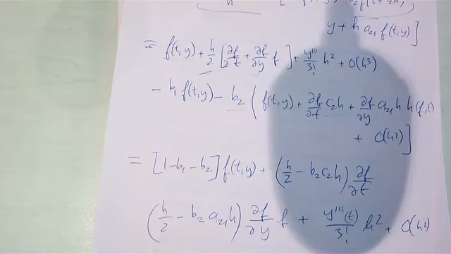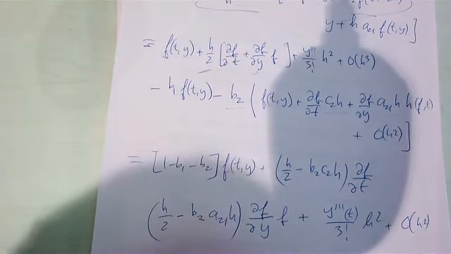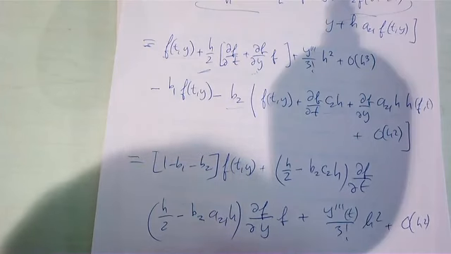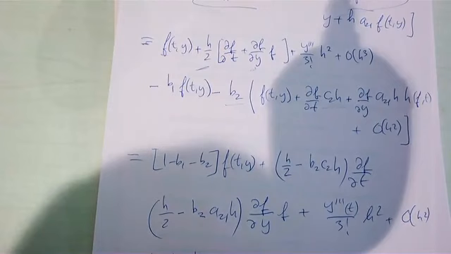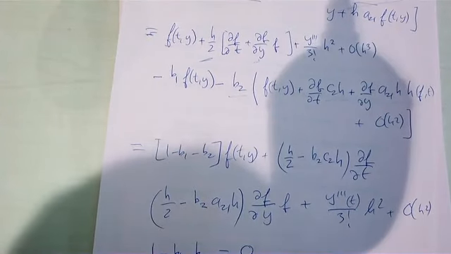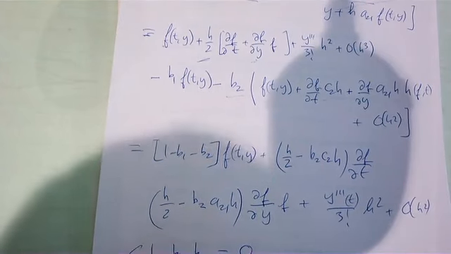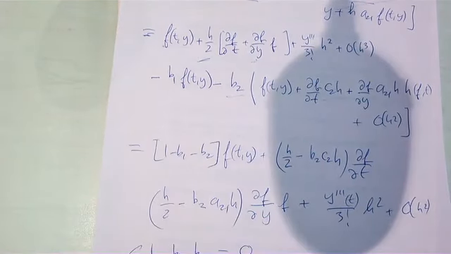Okay? So now if I put 1 minus b1 minus b2 equals 0, and I got 1/2 minus b2 c2 equals 0, and 1/2 minus b2 a21 equals 0, then the local truncation error is just O(h squared).